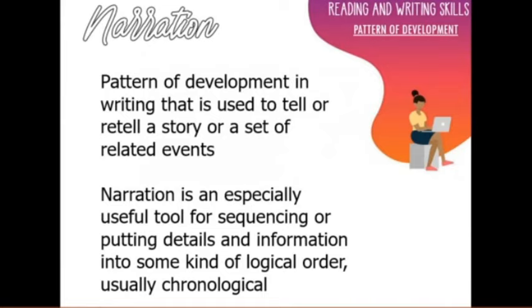When you are writing an article or an essay, of course, you are not only limited to one pattern of development. You might want to combine these patterns of development. For instance, you would like to define a term. So you would be stating it as the central idea of the text, so you are using the definition pattern of development. Then in the body of the text, you would provide examples.